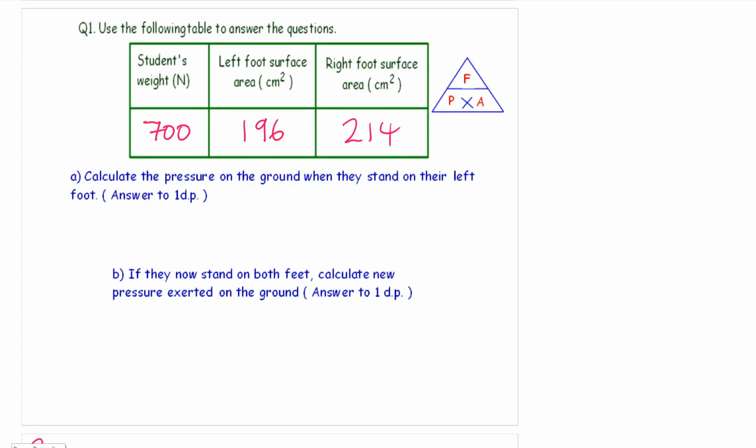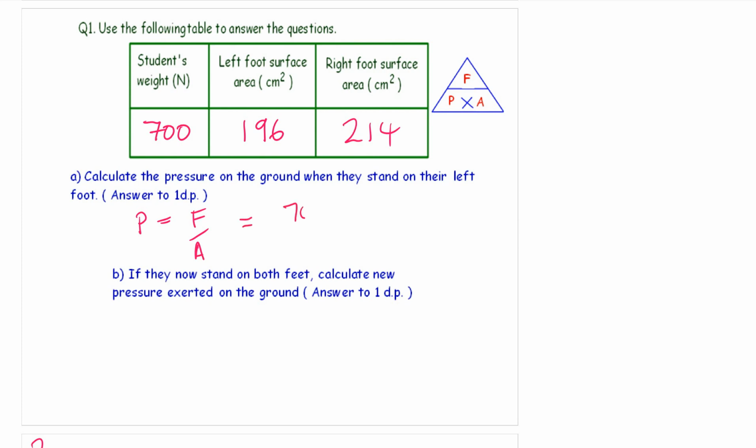Okay, the next couple of questions, 1 to 4, you need to write down, include an equation, show your workings and provide an answer. I'm just going to put the answer down, but you need to go through the process. So for example, with the first one, I'll do the first one. Calculate the pressure on the ground when this person stands on their left foot. So pressure, P equals F divided by A. What's the force?